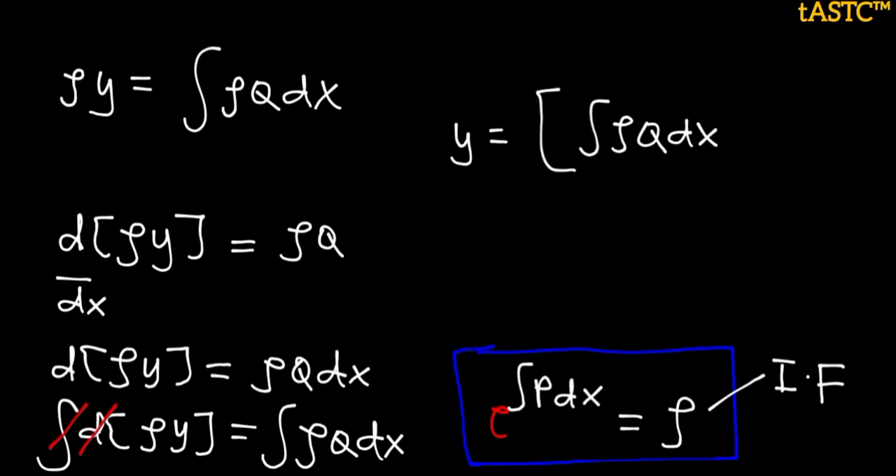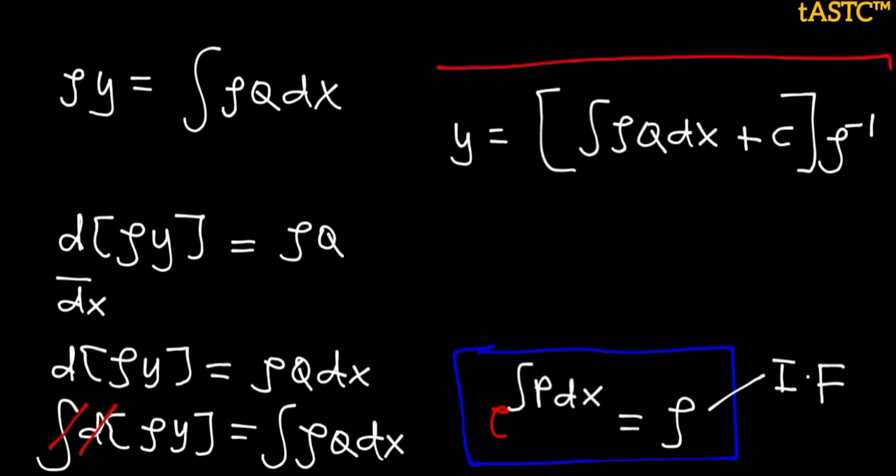And obviously finding out the integral of this stuff must certainly give us a constant, so we just need to add the constant there. And then we need to multiply that with the reciprocal of the integrating factor, so that obviously should be rho to the negative 1. So that is how to find the solution to a first order linear equation. So we're going to take some examples to see how stuff really works.